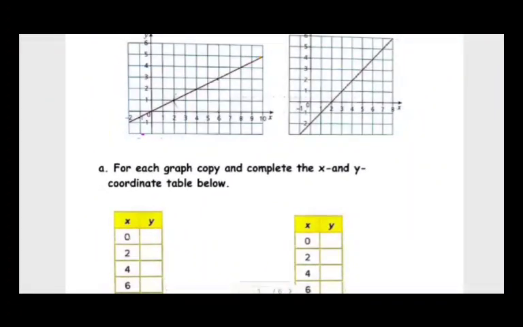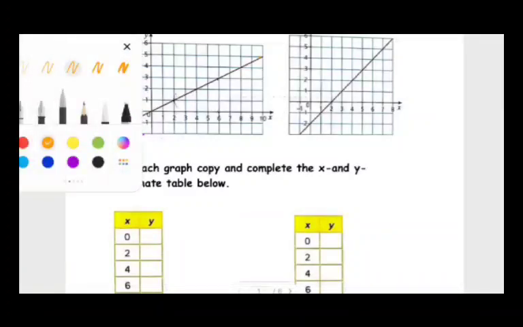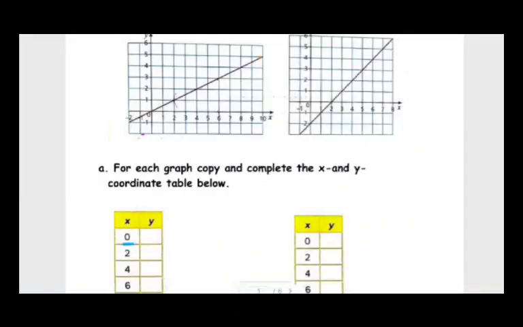So, when our x coordinate is 0, what is our y coordinate? Our y coordinate is also 0. When our x coordinate is 2, what is my y coordinate? It is 1.